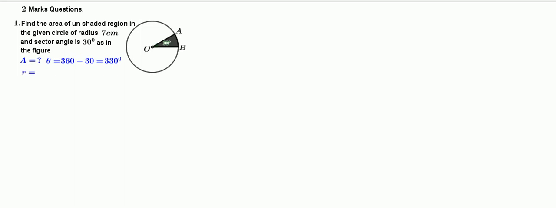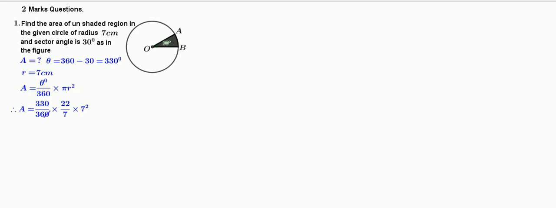Radius of the circle R is equal to 7 centimeter. Formula: A equals theta degree divided by 360 into pi r square. Therefore A equals 330 divided by 360 into 22 divided by 7 into 7 square.